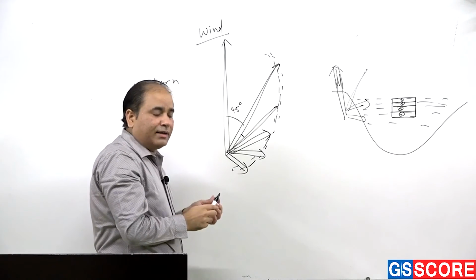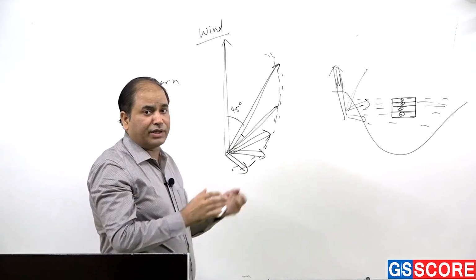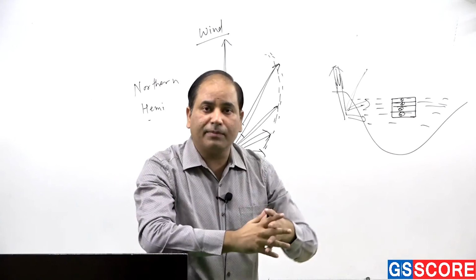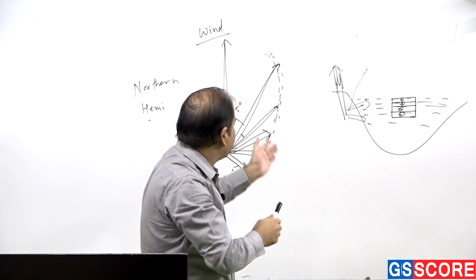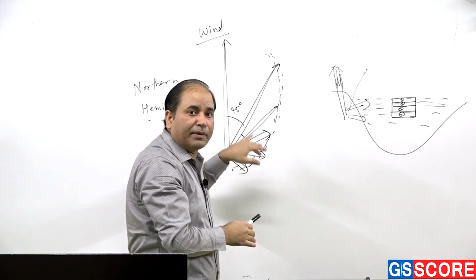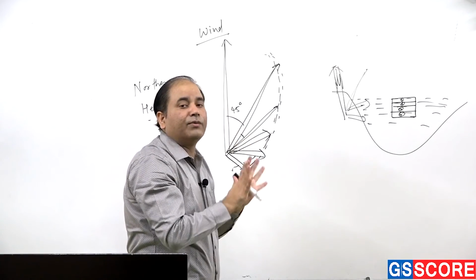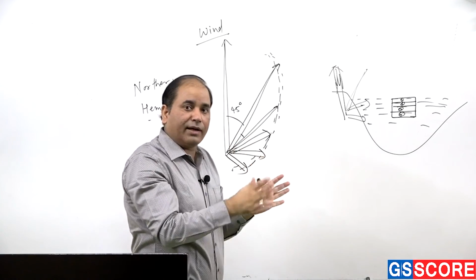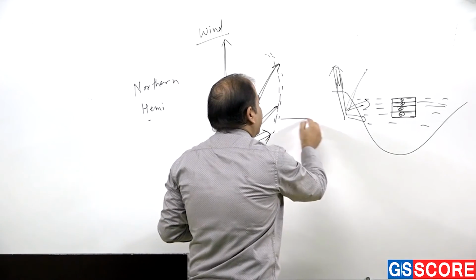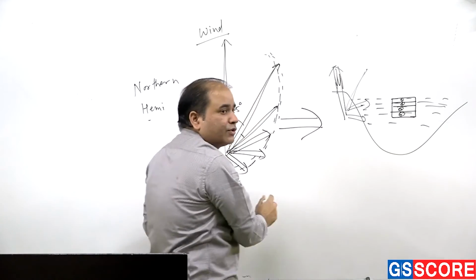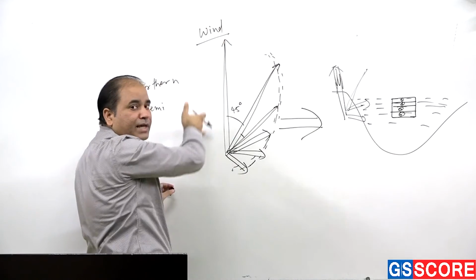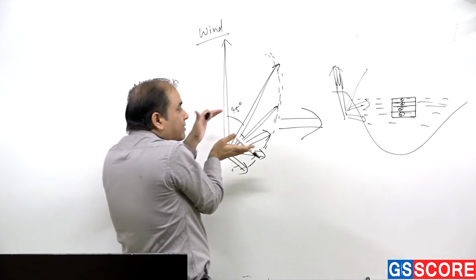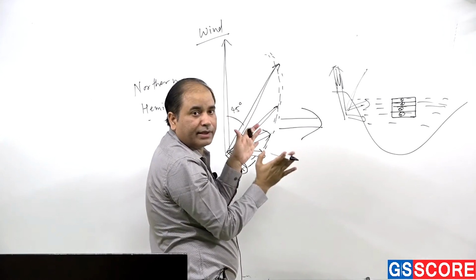But ultimately, because it is oceanic water, the water will move in some direction. There will be a spiral kind of phenomenon, but ultimately the water will move simply in this direction. So if this is the wind and we are in the northern hemisphere, the water will move in the rightward direction.